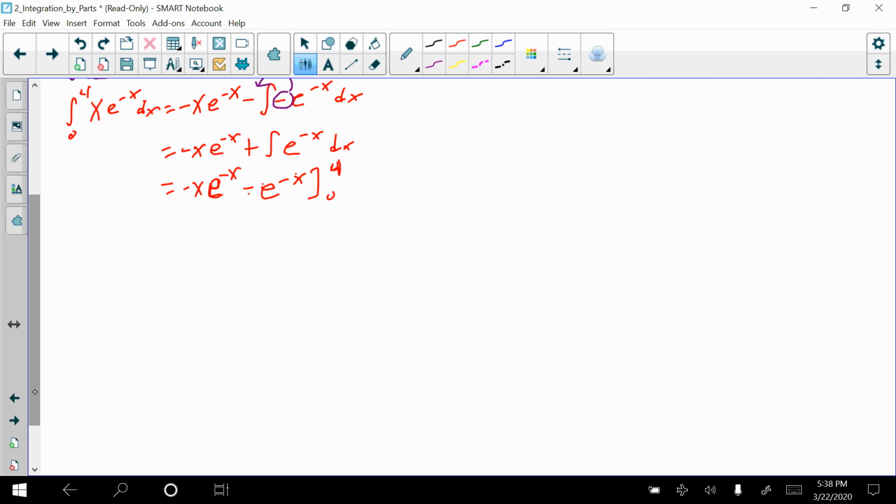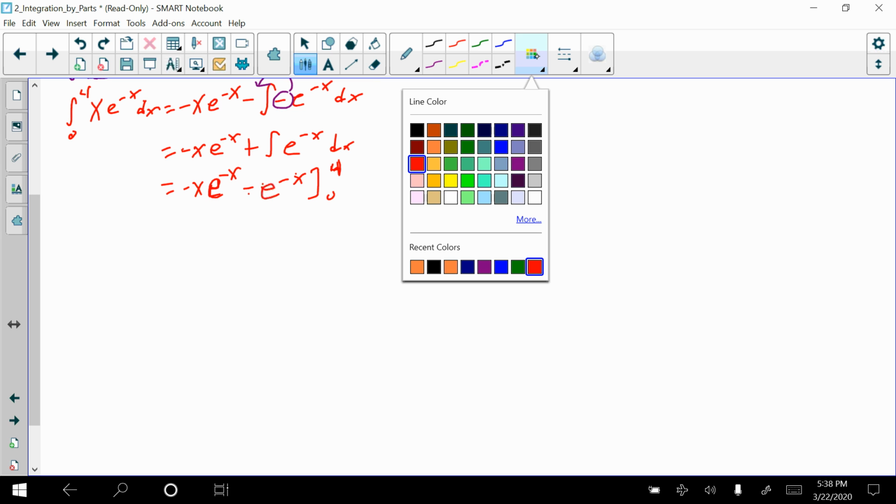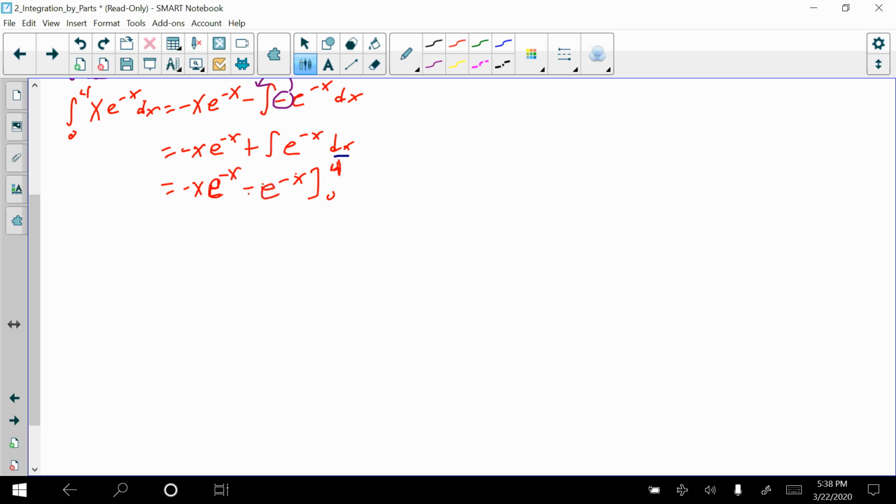So now let's do some substitution. Let's substitute the 4 with this dark blue color. So this will be negative 4 times e to the negative 4 minus e to the negative 4.